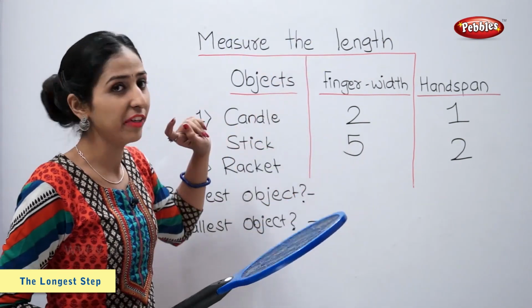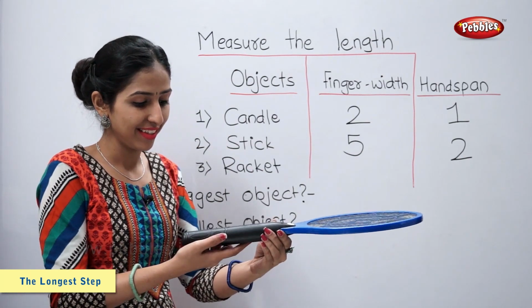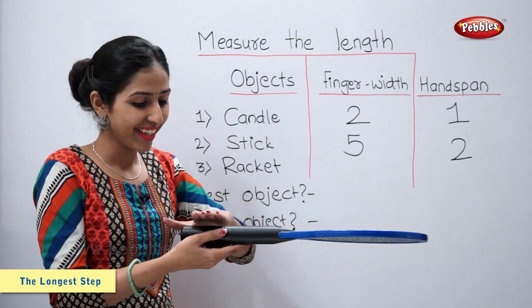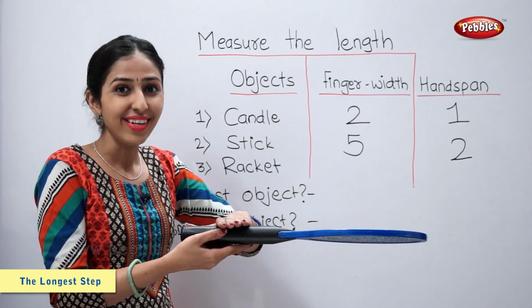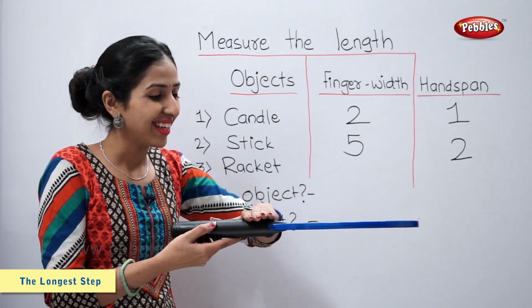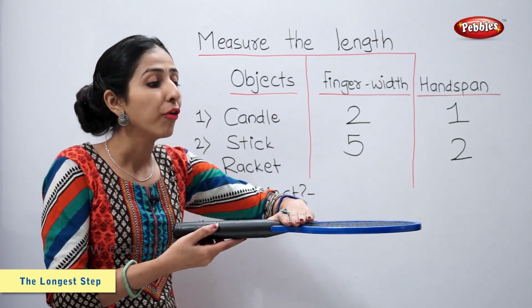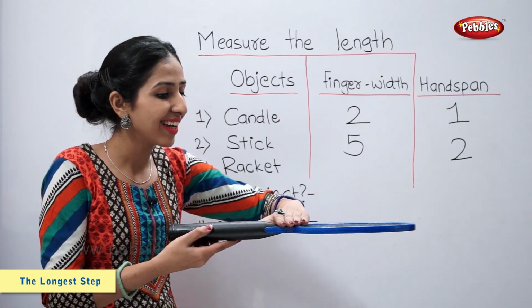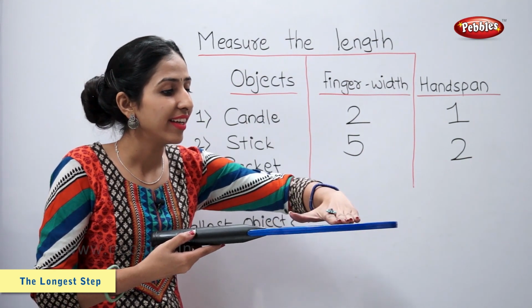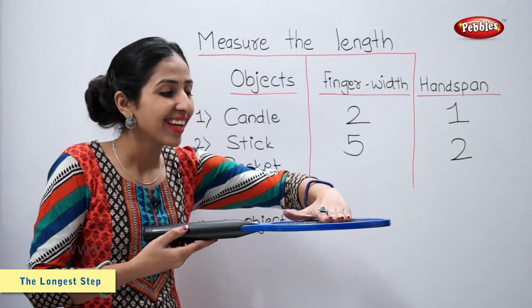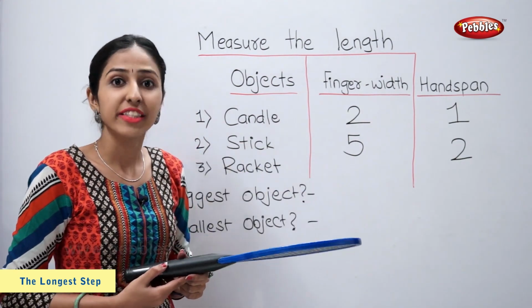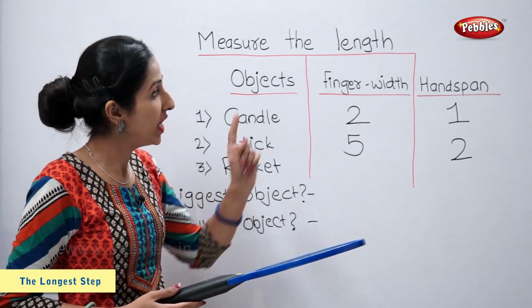First, finger width. 1, 2, 3, 4, 5, 6, and 7. 7 finger width.